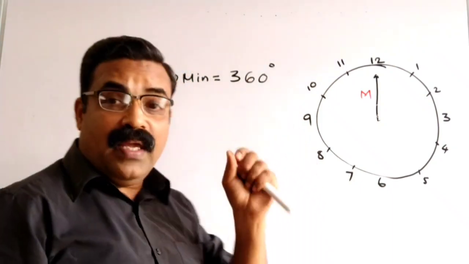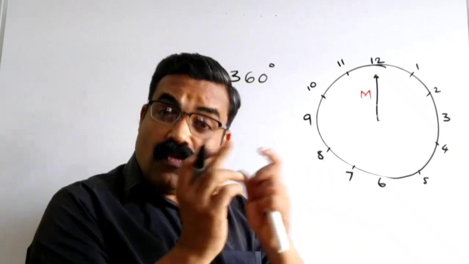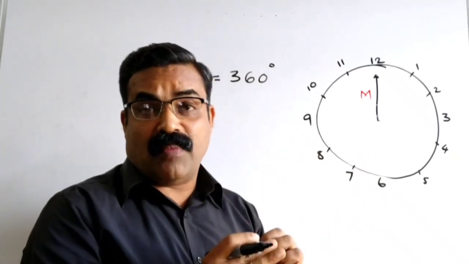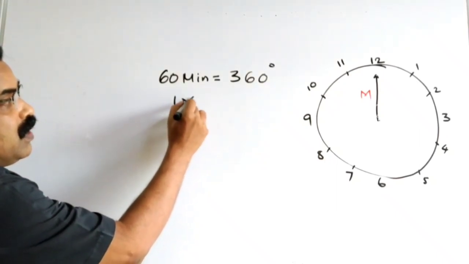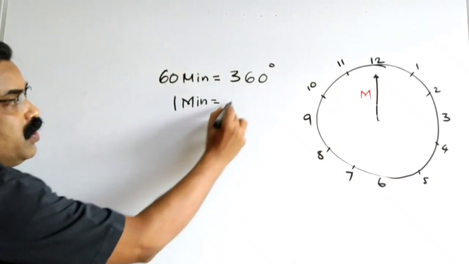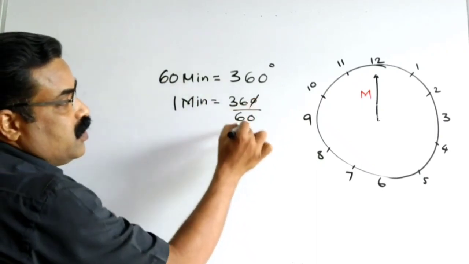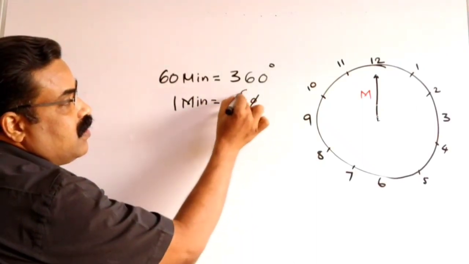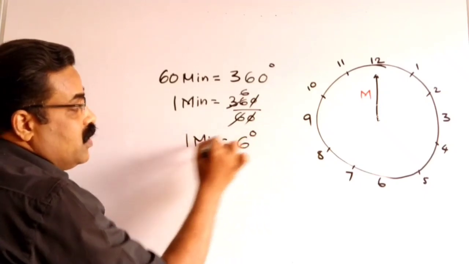From here we can find what angle 1 minute makes. 1 minute is equal to 360 divided by 60. Cutting the zeros, 6 sixes are 36, so 1 minute is equal to 6 degrees.